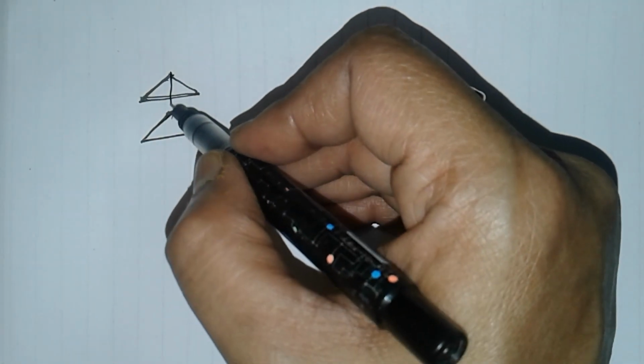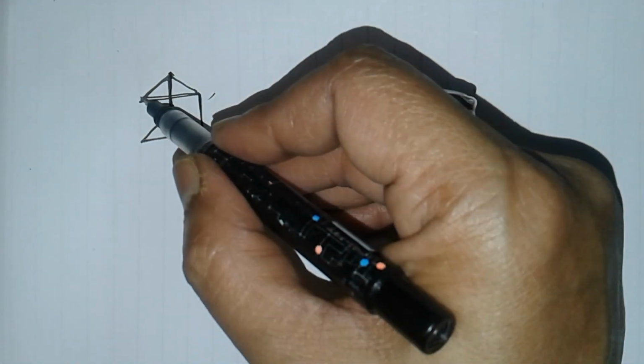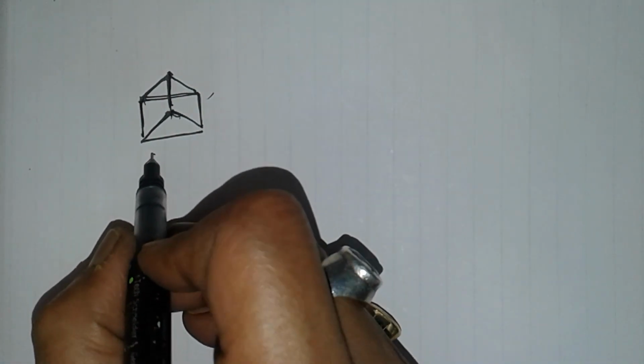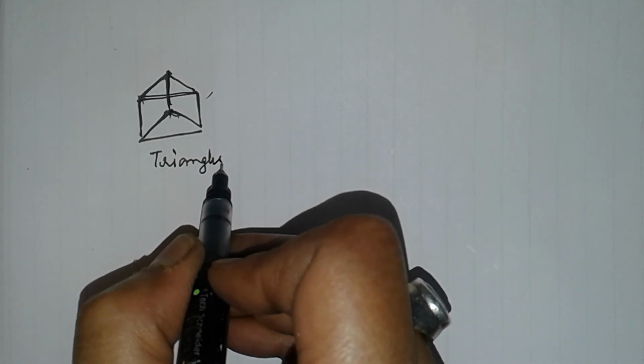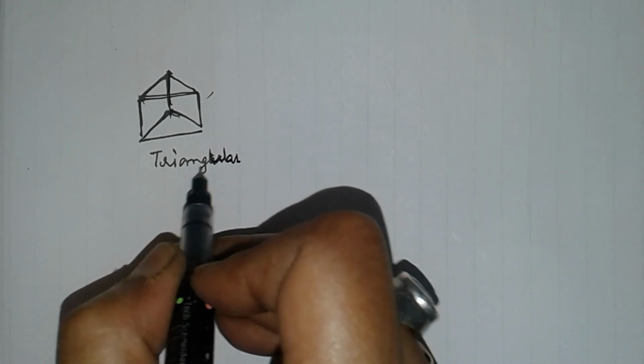These are two congruent parts, so make one more triangle because base and top are the same. Then join this. So you see, this is a triangular prism we have made here.